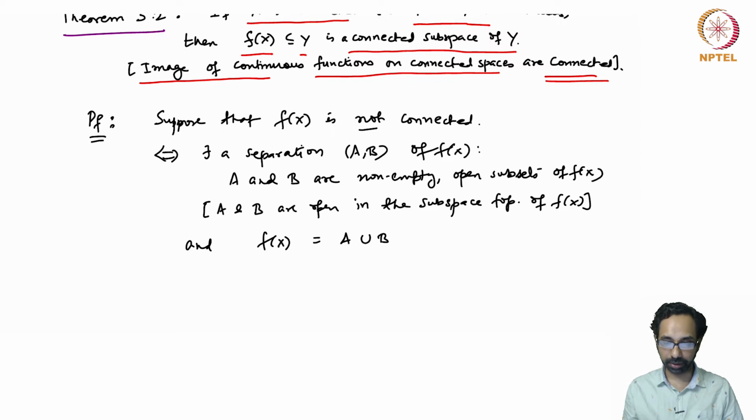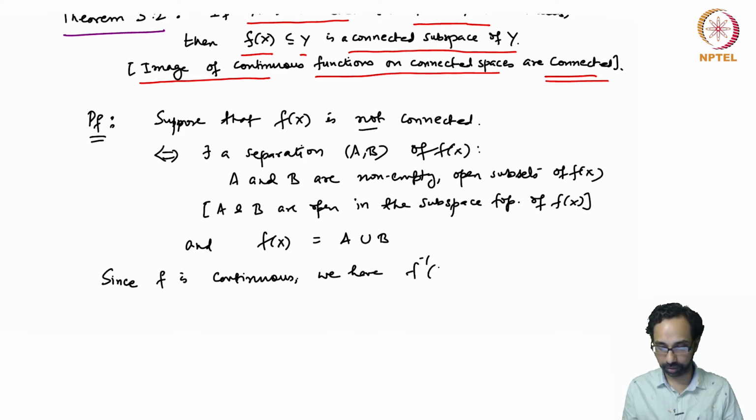Now since f is continuous, we have f inverse of U is an open set in X if U is an open set in Y.